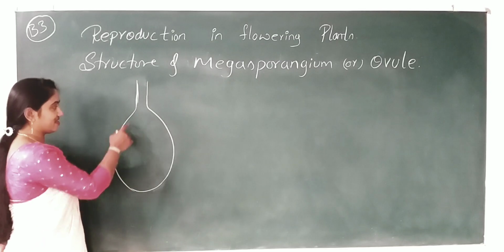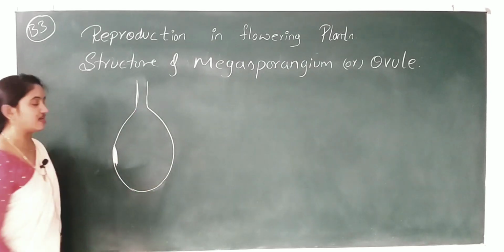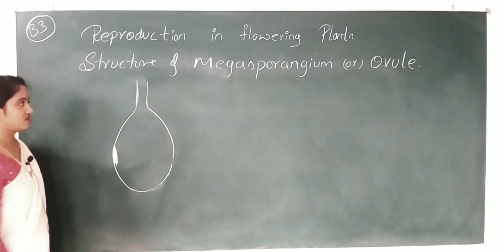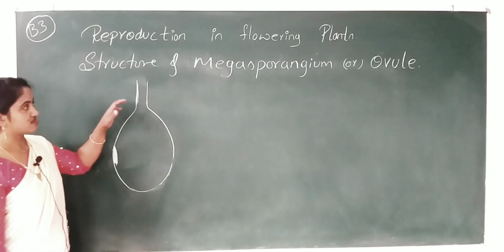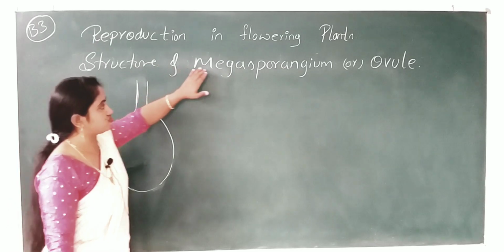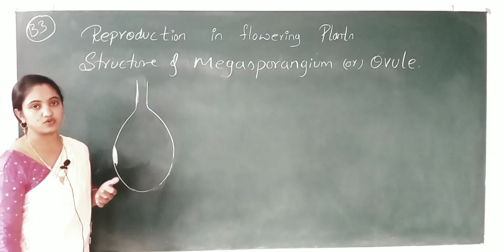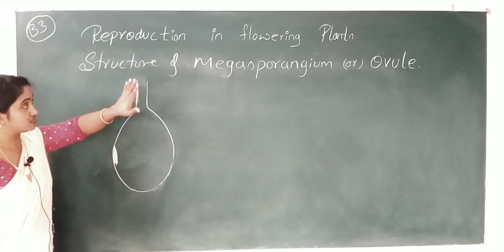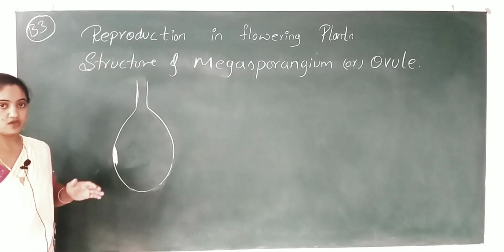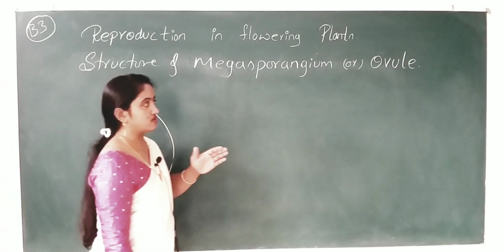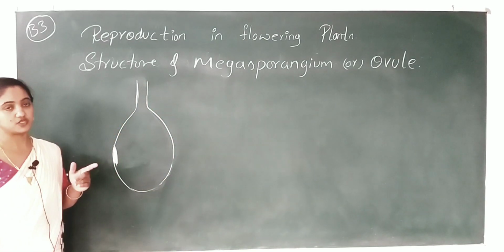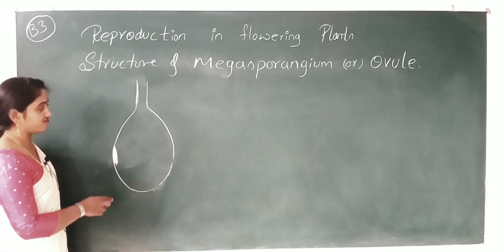We are at the swollen part of the gynoecium, that is, the ovary. We are going to study the structure of the megasporangium, also known as the ovule, which lies in the ovary. I am explaining only one ovule, though many ovules will be there in many species; one ovule is more than enough to explain.